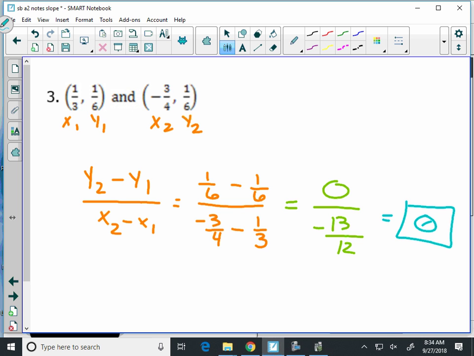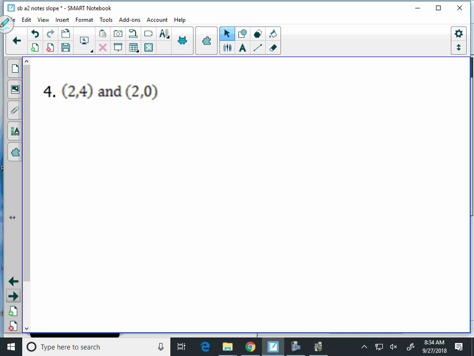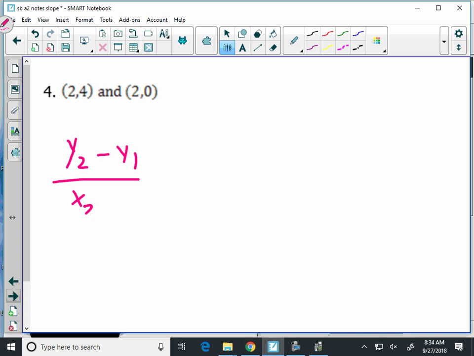Question. Okay. So again, use that formula, y2, I say y and I write an x. y2 minus y1 over x2 minus x1. And again, it helps if you label x1, y1, x2, y2.